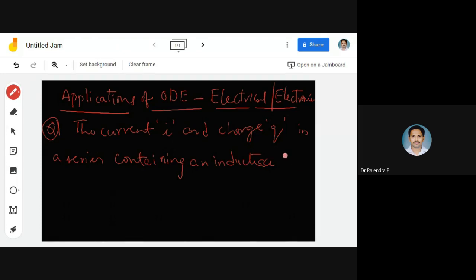They will give it in the same way in the examination.